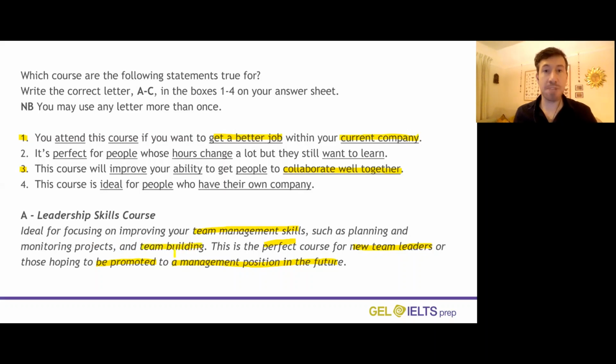So team building is getting people to collaborate well together. So all of that is team building, has the same meaning. So this course is also perfect for that. So 1 and 3, both the answer is A.